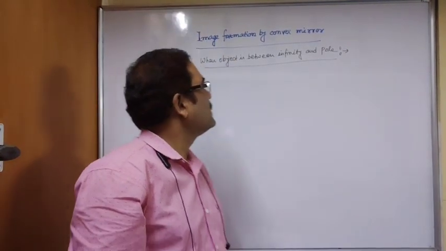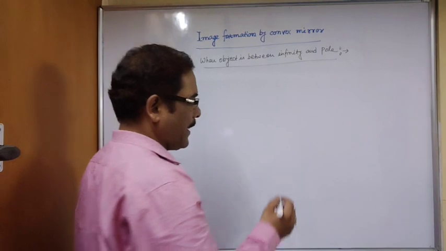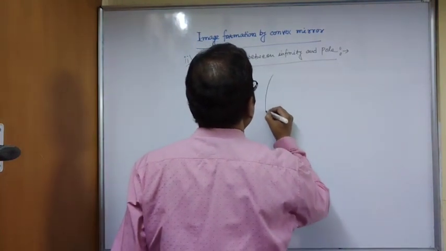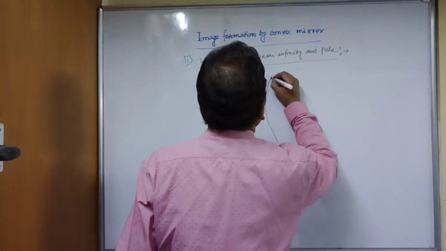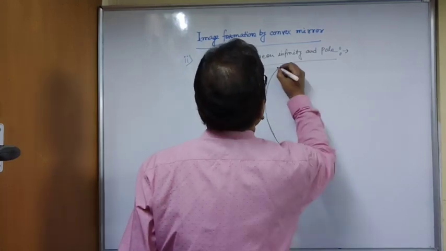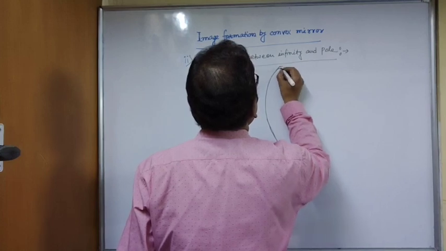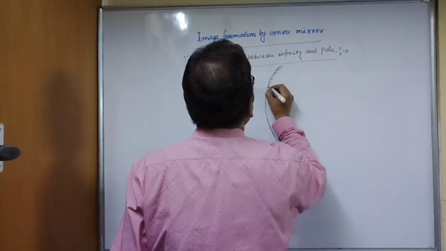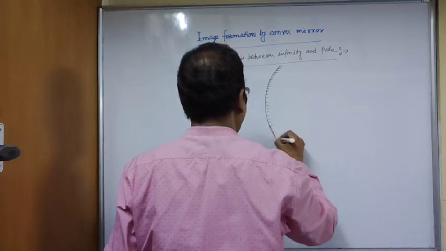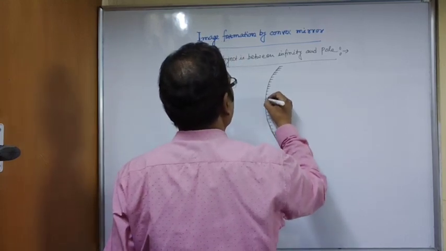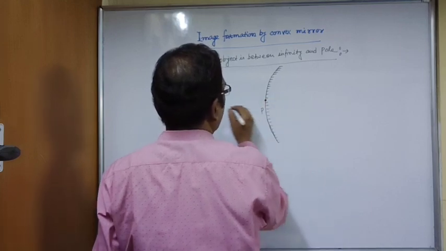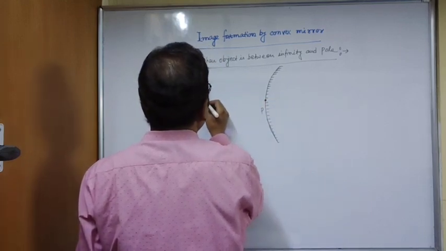So when the object is between infinity and pole, similarly you draw a convex mirror as we have drawn earlier. Mark a point P at the center of the reflecting surface.